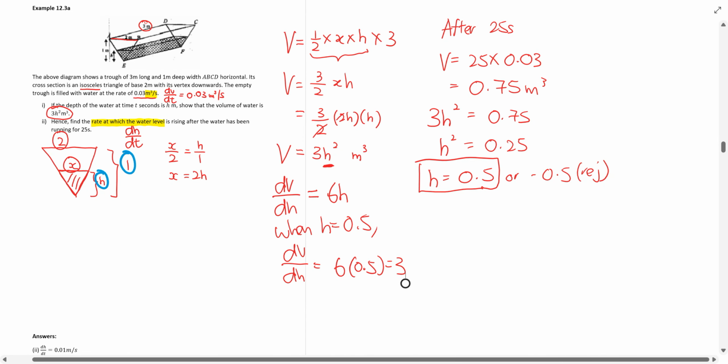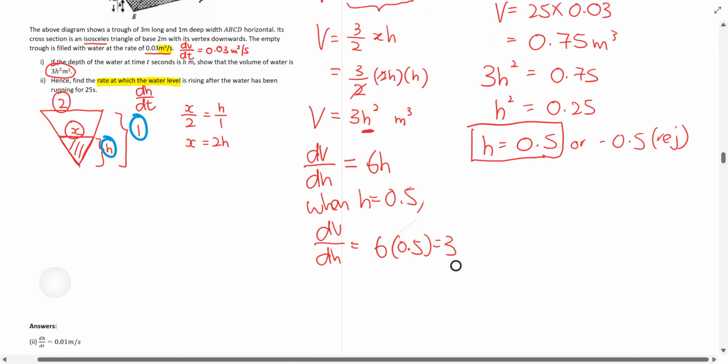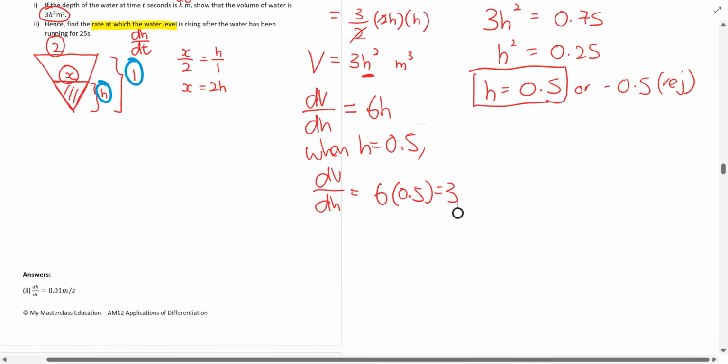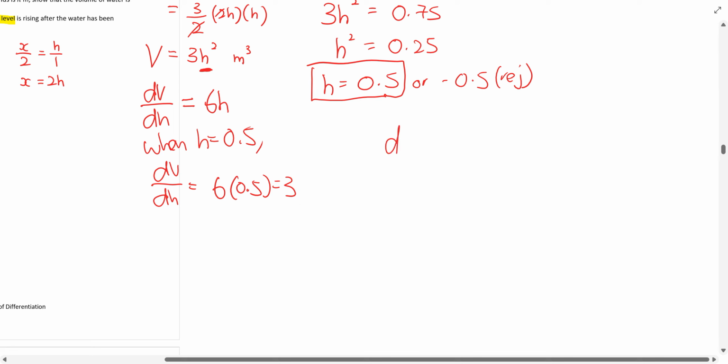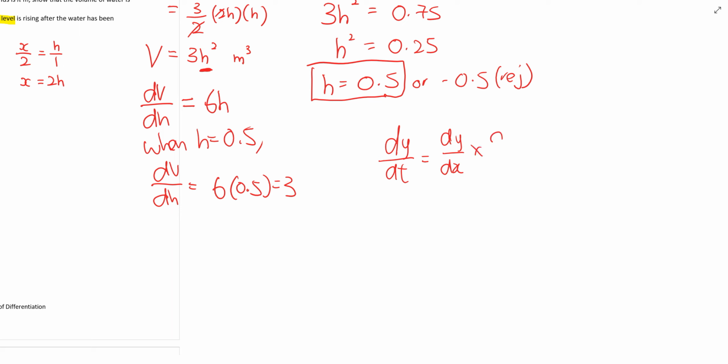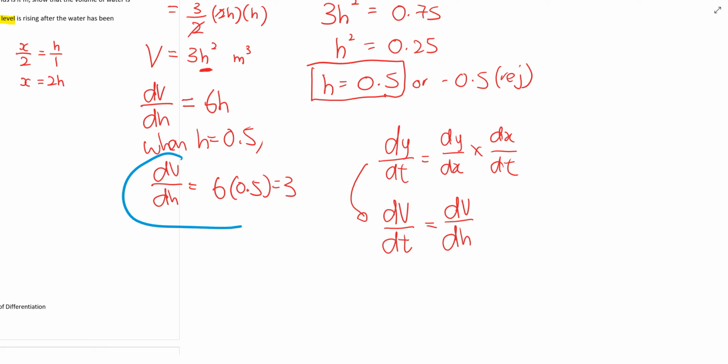Now I can form my connected rate of change formula, which is dy over dt is equal to dy over dx multiplied by dx over dt. This is the original one. If I want to transform it in terms of volume, Mr. Ivan says that y can change to volume, so dV over dt is equal to dV over dh, which is what you have here, multiplied by, in order to make it mathematically equal, dh over dt.